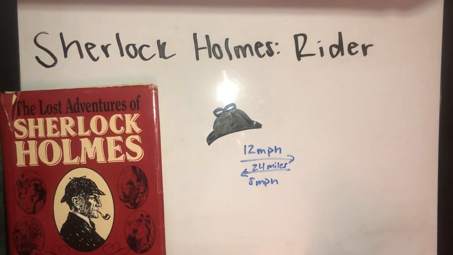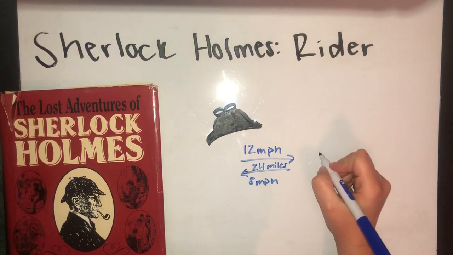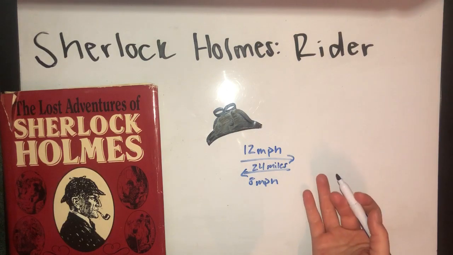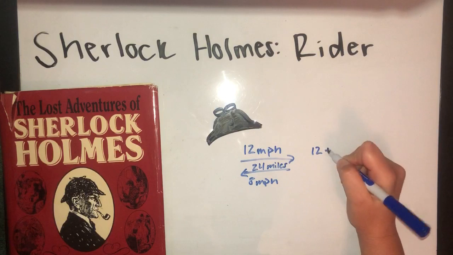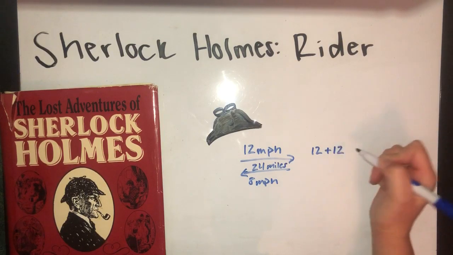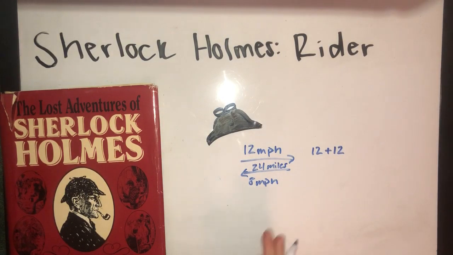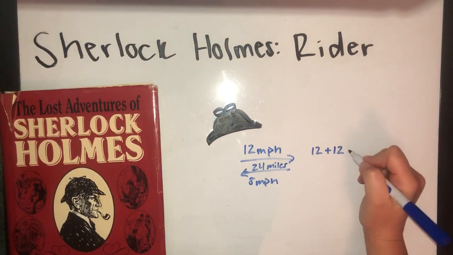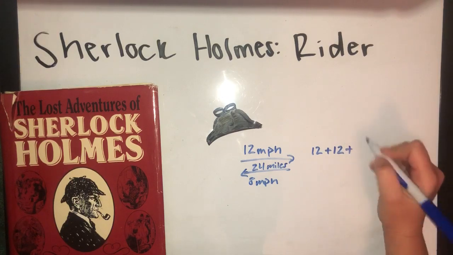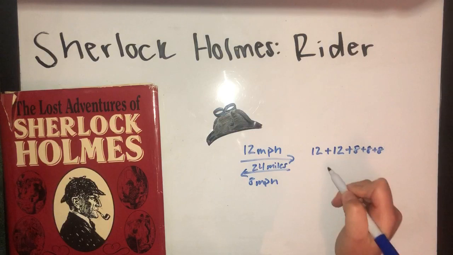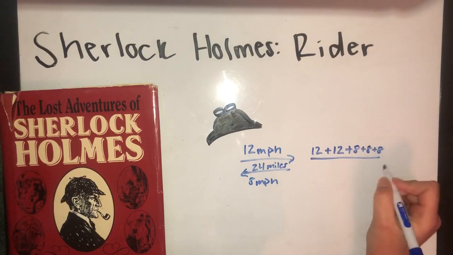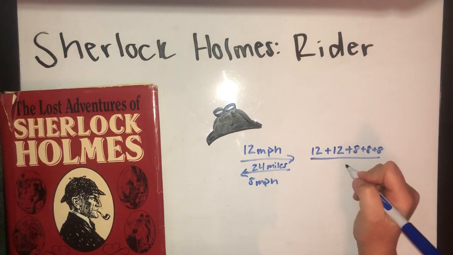So if we have 24 miles for our journey, to get there, it takes us 12 miles per hour 2 times, because 12 goes into 24 twice. Traveling 12 miles per hour, it ends up being a 2-hour journey. For the same reason, we have a 3-hour journey on the way back, because 8 goes into the 24 miles 3 times.